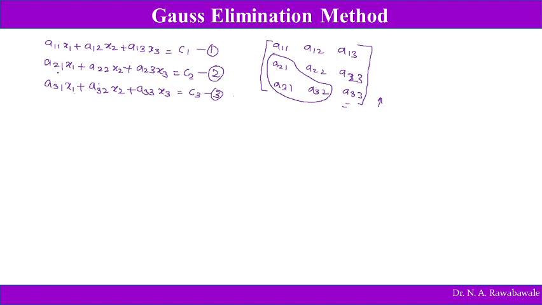The first equation is multiplied by a21 and divided by a11.